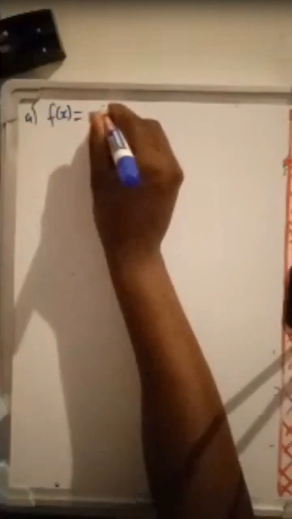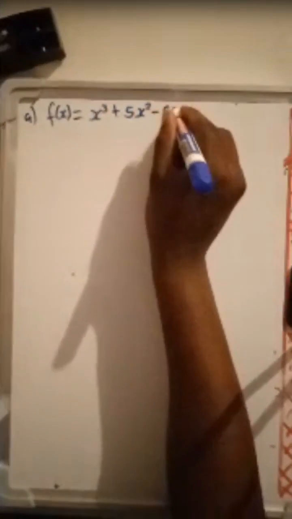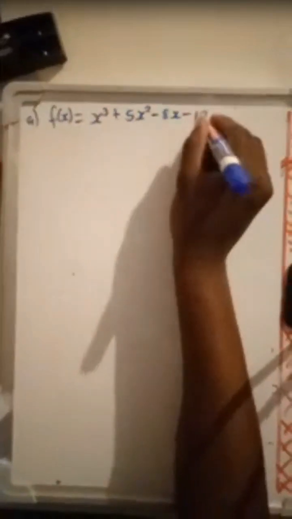Number 1 says the sketch alongside, that is A1, is f of x equals x cubed plus 5x squared minus 8x minus 12. A and B are stationary points of f, meaning to say they are the turning points. Stationary points are the turning points.